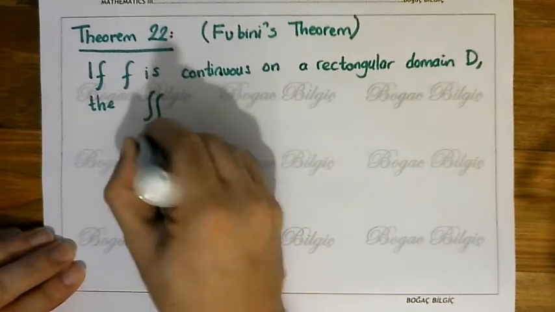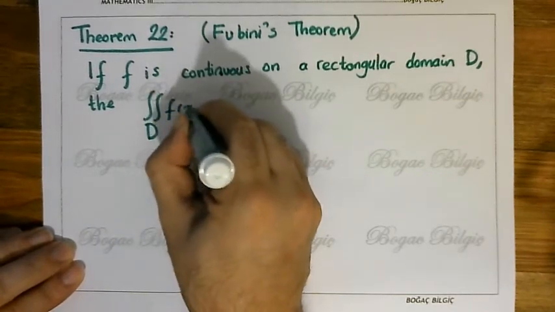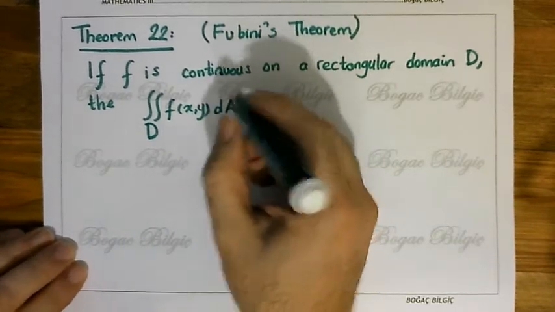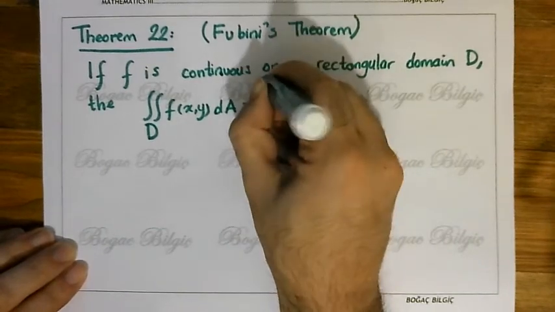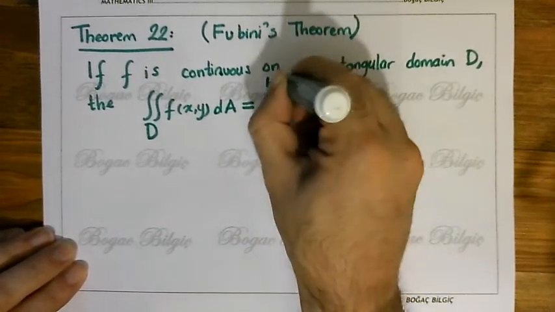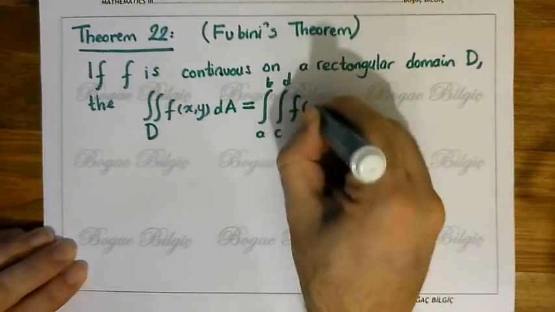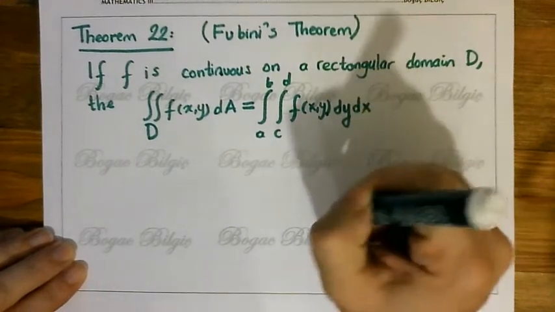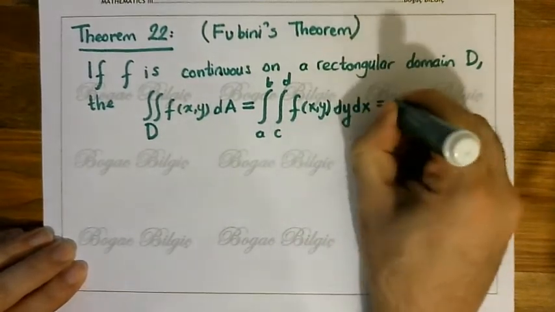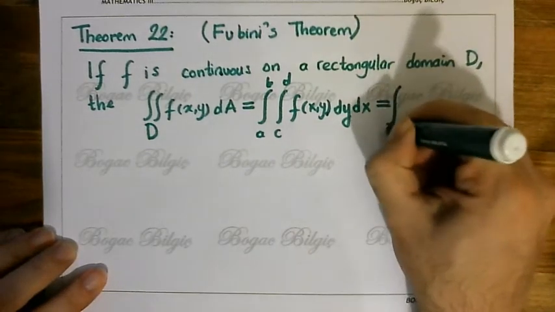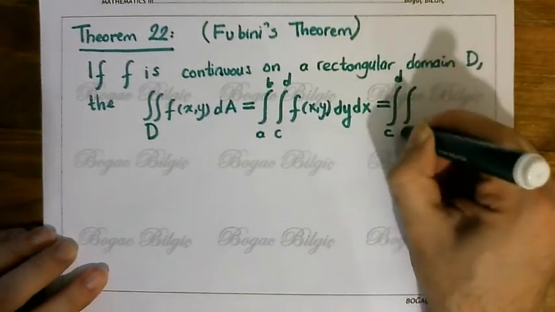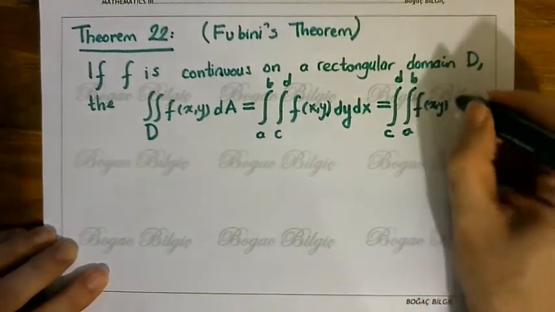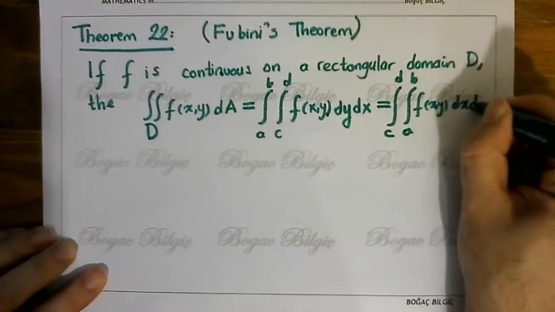the double integral over D of f(x, y) dA is equal to the integral from a to b of the integral from c to d of f(x, y) dy dx, or is equal to the integral from c to d of the integral from a to b of f(x, y), first dx and then dy.